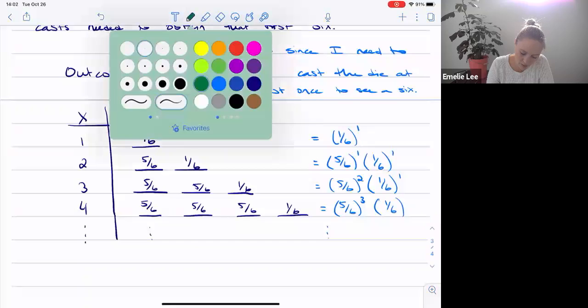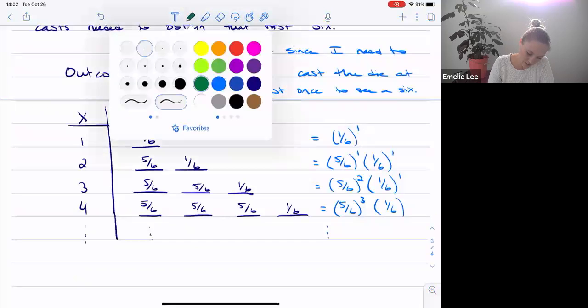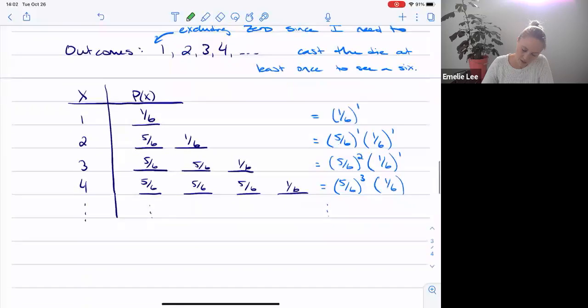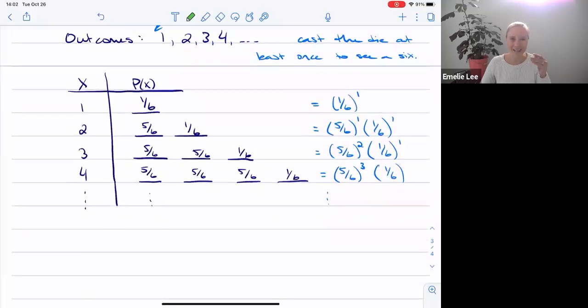To make a connection between the x and something in here, 5/6 and 1/6 are the probabilities of rolling different values of the die. The area I'm interested in is trying to connect this 3 to 4, this 2 to 3, this 1 to 2, and technically 5 in 6 to the power of 0.